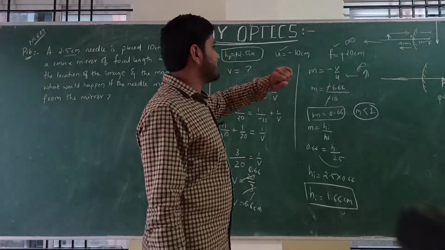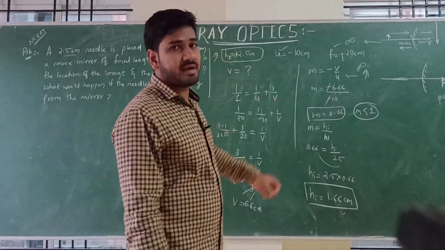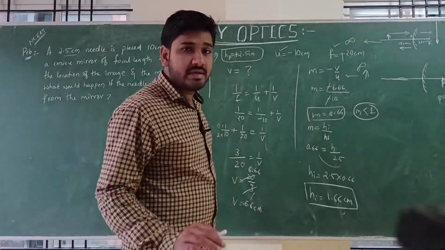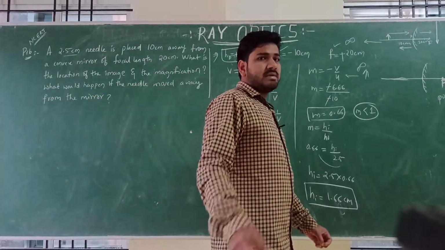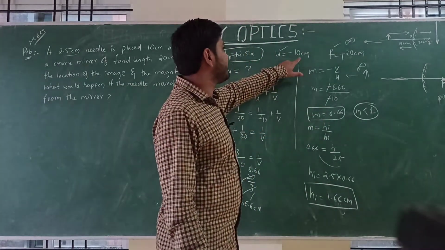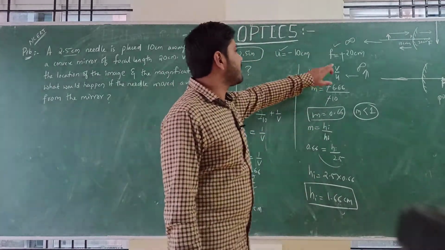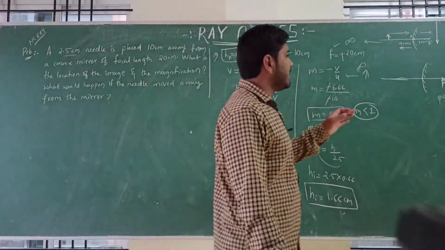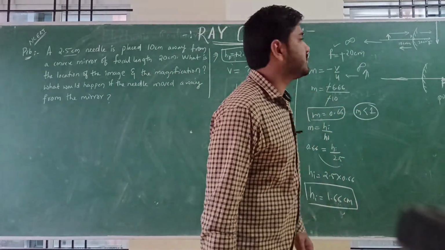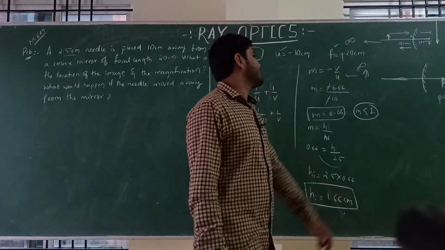I have already said for a convex mirror, object distance is always negative. So therefore u is minus 10 centimeter, and focal length is given as 20 centimeter. Focal length of a convex mirror is always positive, so therefore it is plus 20 centimeter.